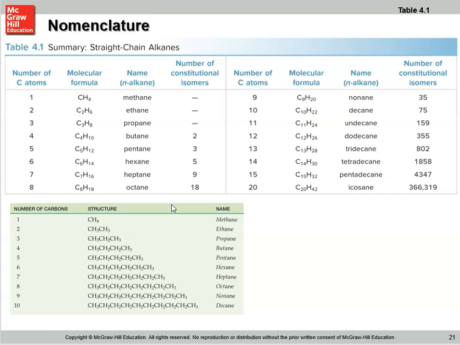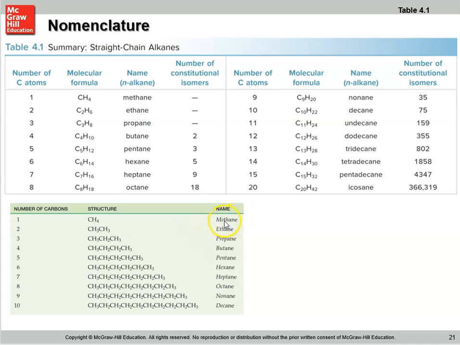I added the -yl ending because that is when it's a substituent group off the longest chain, which we'll talk about. But if it is one single long chain, you end it with an -ane ending. That means it's all single bonds. If there's a double bond in there, it's -ene, like methene, and if it's a triple bond, it's methyne.